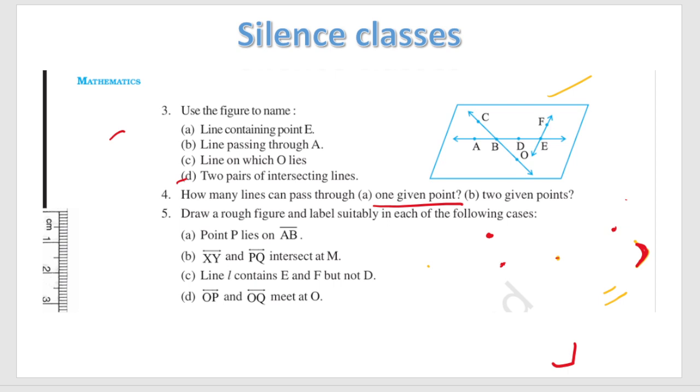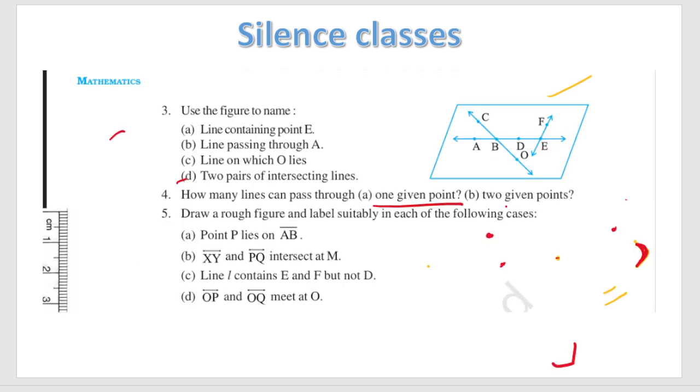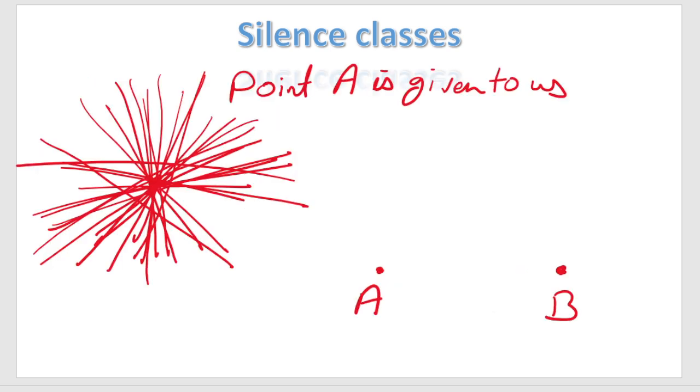But what is question number 2 saying, two given points. If we have 2 points, point A and point B, how many lines can be passed through two given points?